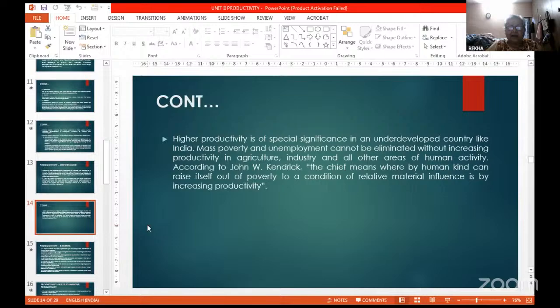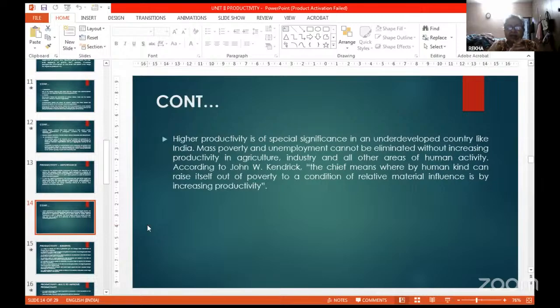We have seen that not enough agricultural produce was available to the population of India. Through the efforts of some people and organizations, the productivity of agricultural produce has also increased a lot, and now we are not relying on other countries for our agricultural needs.